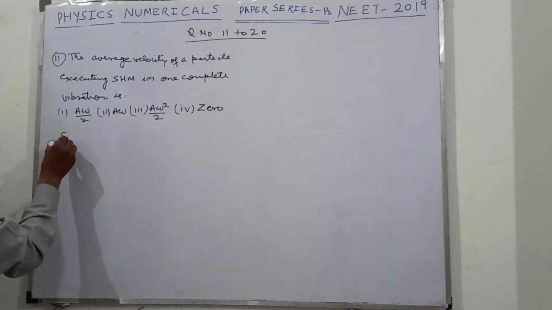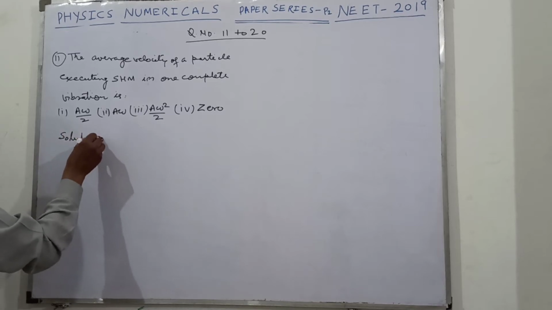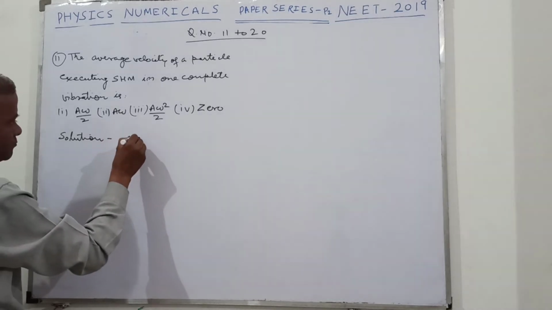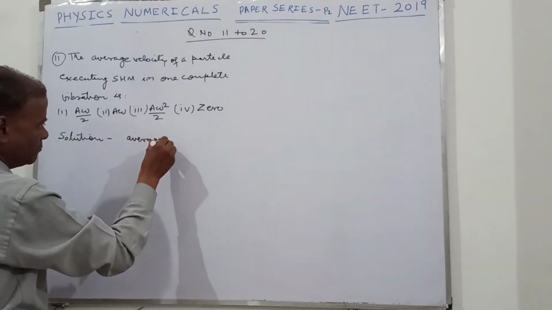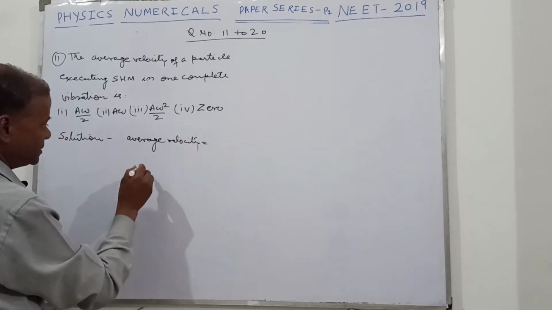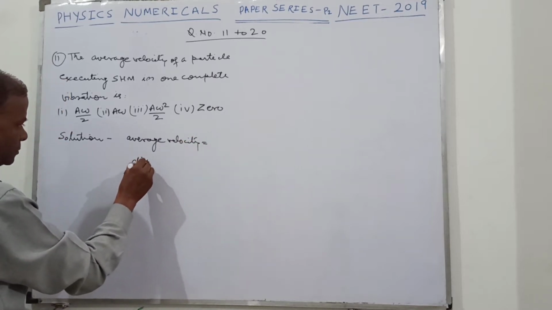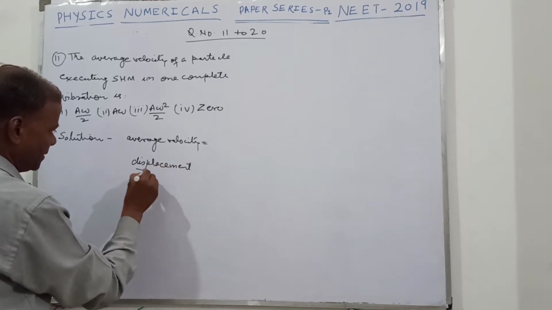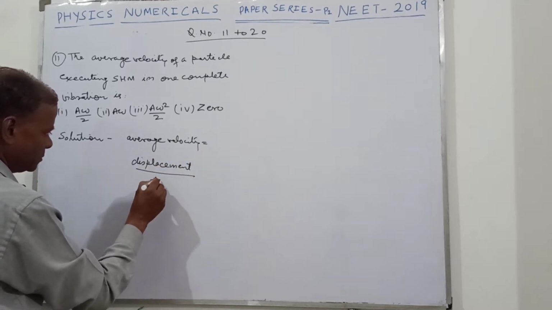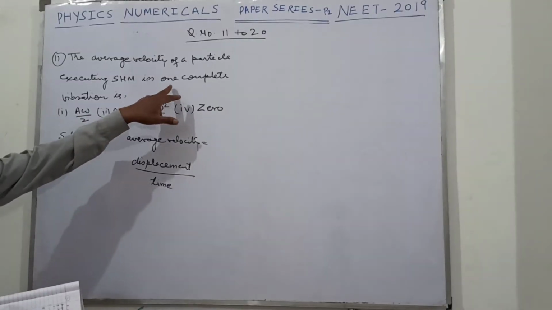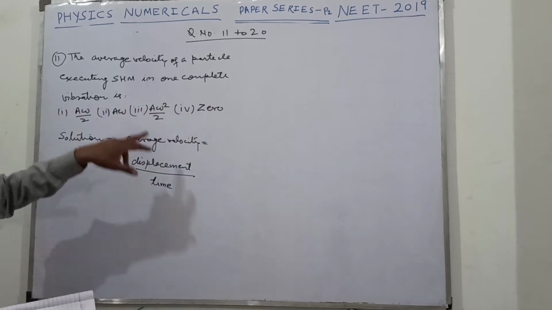Now how to find the solution? You would find the average velocity. And we know that this average velocity is equal to displacement upon time. Now this is giving one complete vibration.